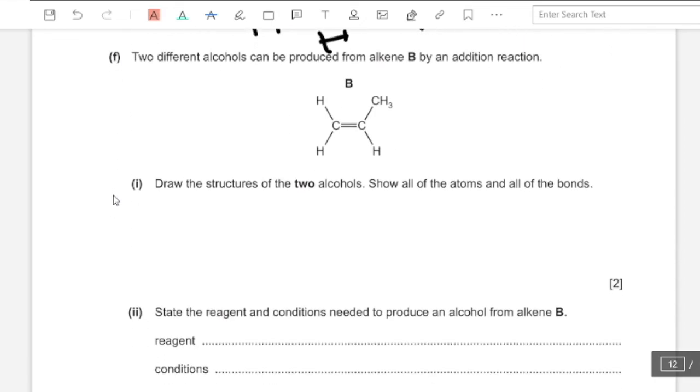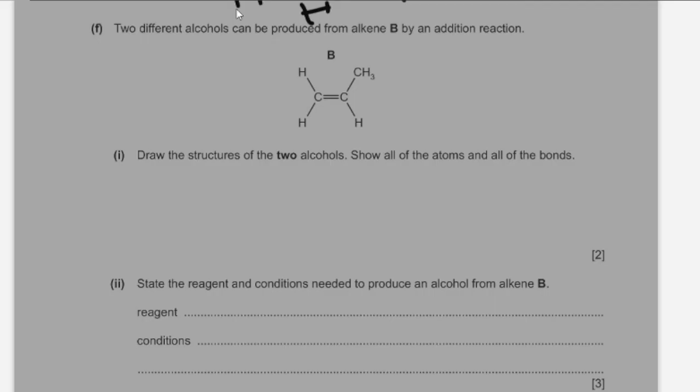F. Two different alcohols can be produced from alkene B by an addition reaction. 1. Draw the structure of the two alcohols. Show all of the atoms and all of the bonds. Okay, so when an alcohol forms from this alkene, the double bond is going to be opening up. So we have three carbon backbone atoms over here.